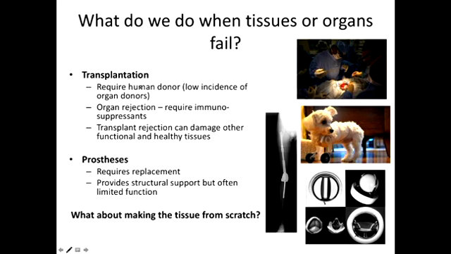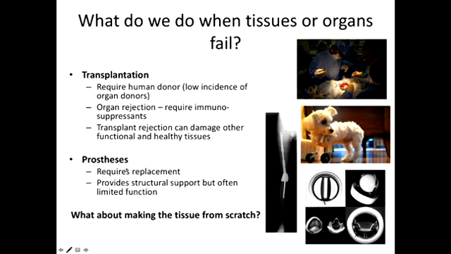So with transplantation, of course, it requires a human donor. And there's a paucity of organ donors. There's the risk of organ rejection because you're using an organ from another individual that would be recognised as foreign. And you can ultimately have transplant rejection where it actually causes harm to the individual through a tissue rejection process.